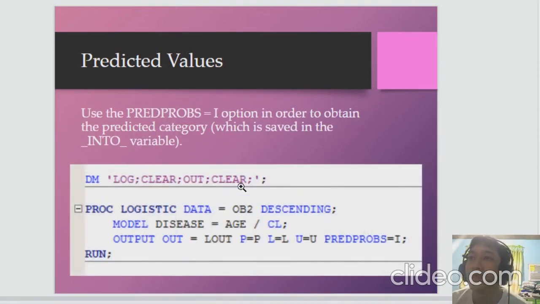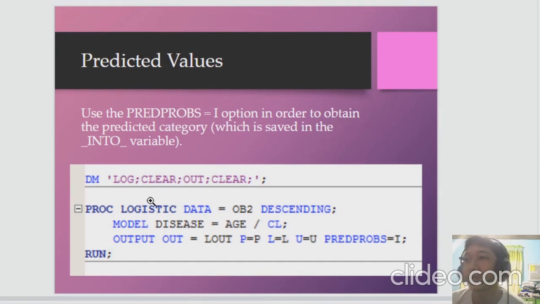Predicted values: use the PREDPROBS equals I option in order to obtain the predicted category, which is saved in the INTO variable. This is an example of code like the one earlier. DM log clear out clear.